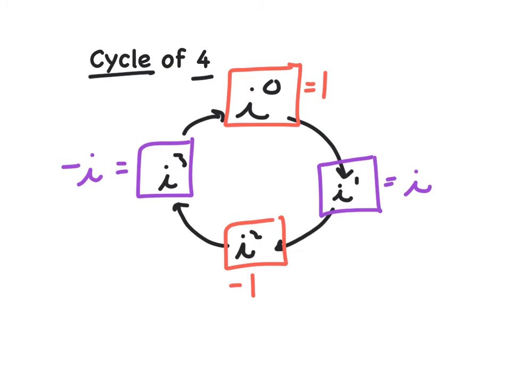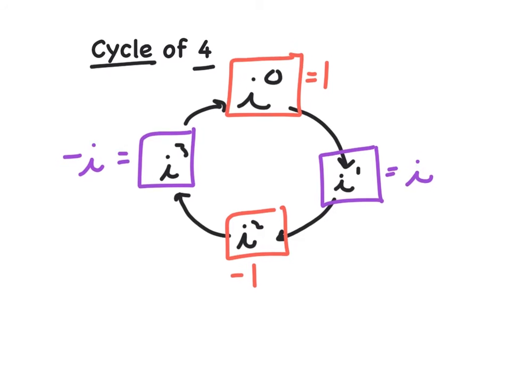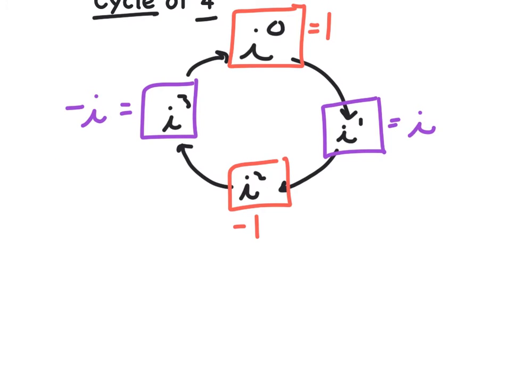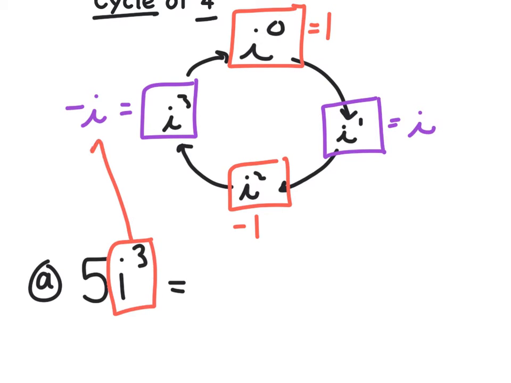So what type of questions might you have to answer with this? Well, perhaps they'll ask you, we'll call this question A here, 5i cubed? Well, you'll have to know that i cubed, based off the cycle of 4, is equivalent to negative i.